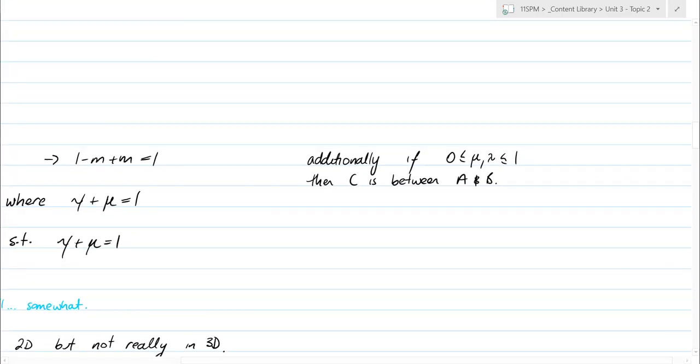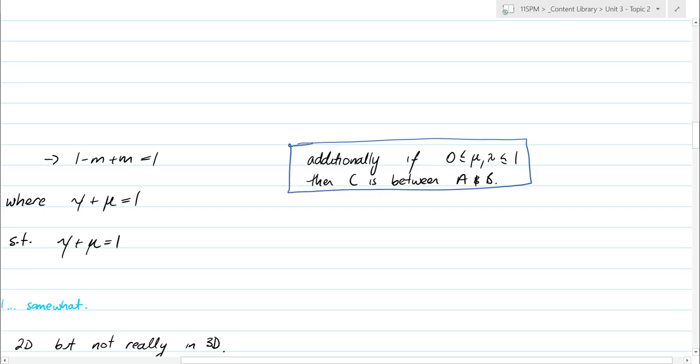Here's another little point, which I wrote down to make sure I didn't forget it. If mu and lambda are between 0 and 1, they're still complements. It could be 0.6 and 0.4, but if they're between 0 and 1, then C is also a point between A and B. So if this is A and B, this holds if lambda and mu are between 0 and 1.